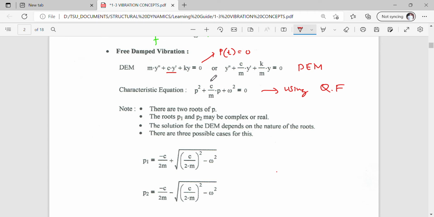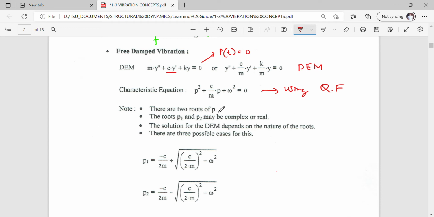So in this particular equation, we can take note of the following. Of course, since it's a quadratic equation, there are two roots of p. In every quadratic equation, there will always be two roots. The roots p1 and p2 may be complex or real values.